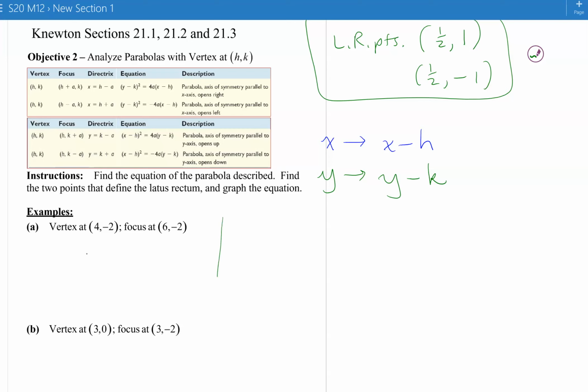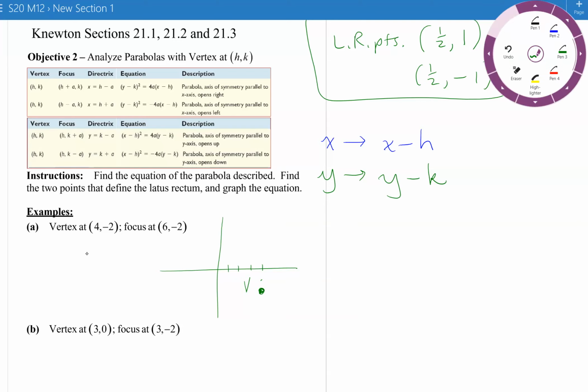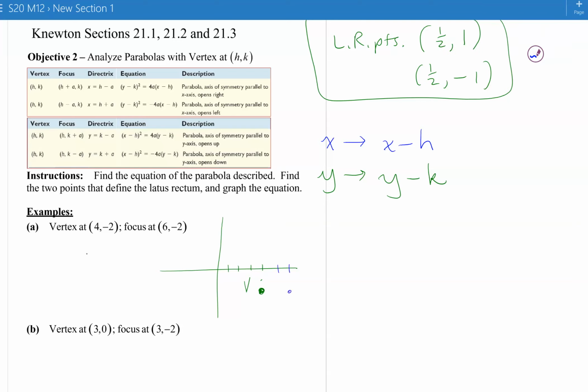So let's look at this example where the vertex is at 4, -2. So here's my vertex. And my focus is at 6, -2. So because of the arrangement of the vertex and the focus, I can tell that this parabola opens right because the focus has to be inside the curved part of the parabola.